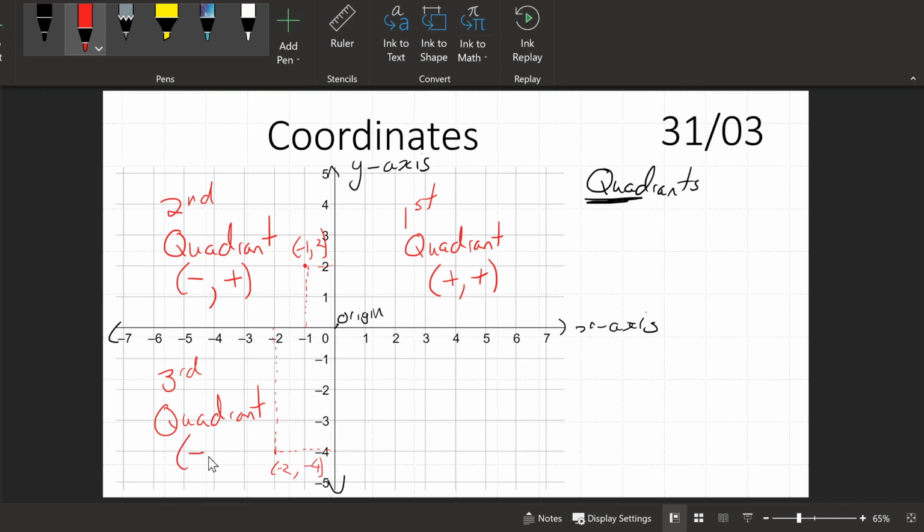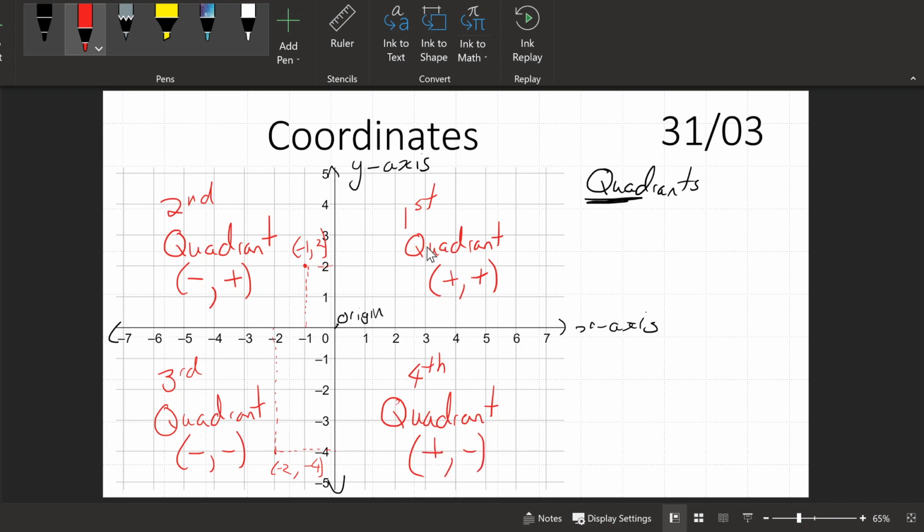So both values are negative. And then again, anti-clockwise until we get to the fourth quadrant. And you should be starting to see what will be positive and what will be negative in this. So x value is positive, y value is negative.